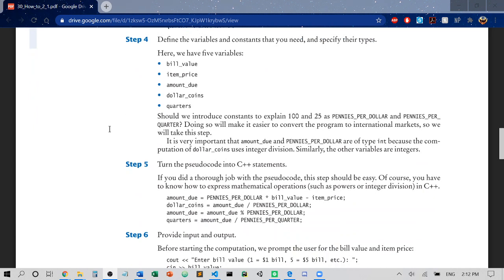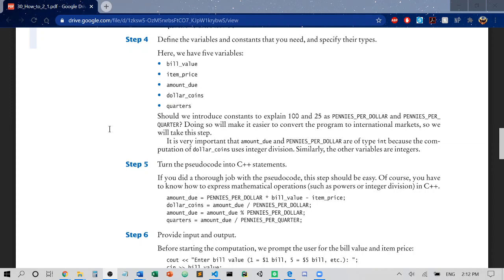Let's now define variables and constants that we will need and specify what they will do. Here we have at least 5 variables. We have the bill value, the item price, the amount due, the dollar coins, and quarters. We can introduce constants to explain 100 as pennies per dollar and 25 as pennies per quarter.